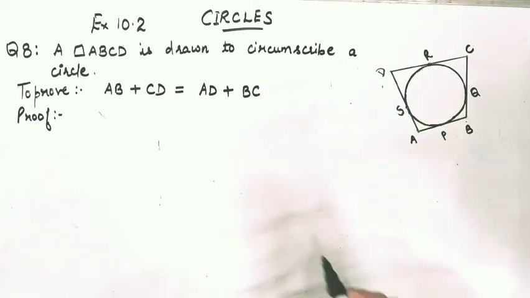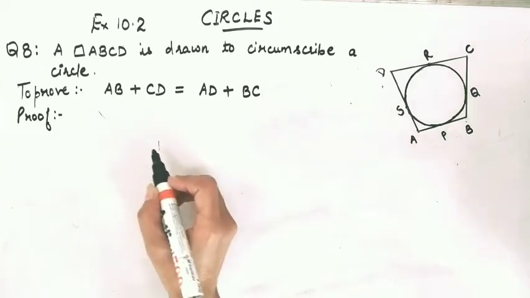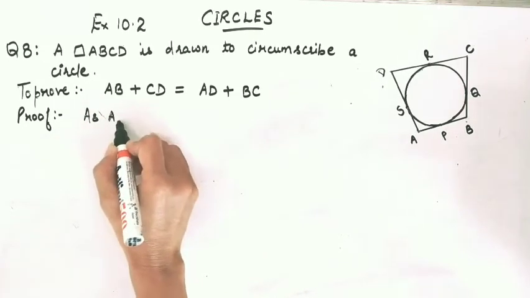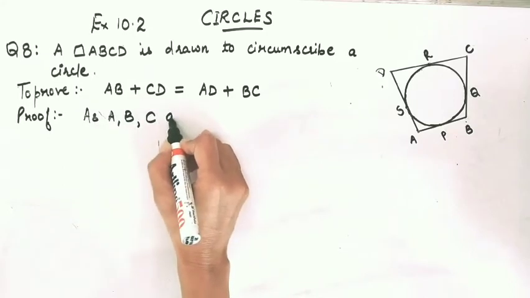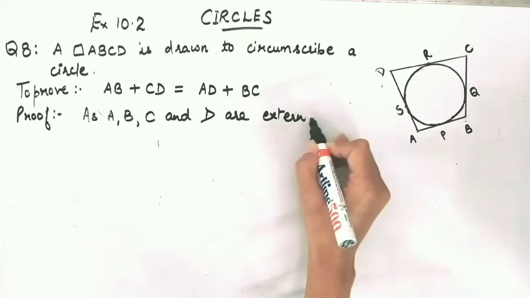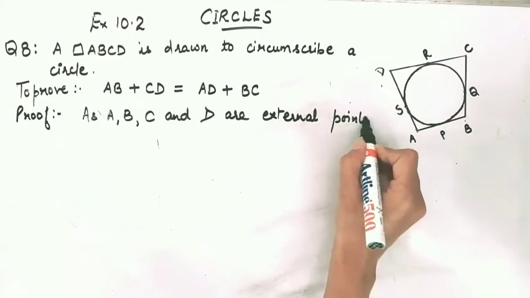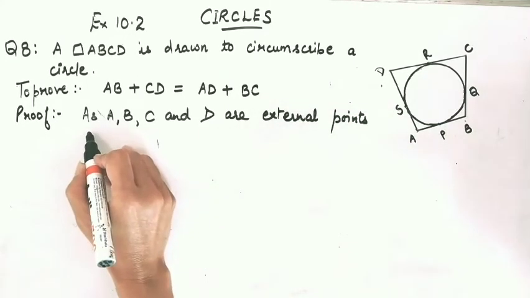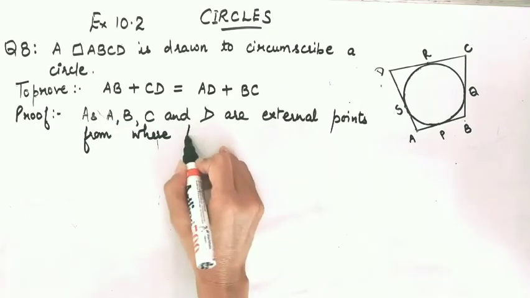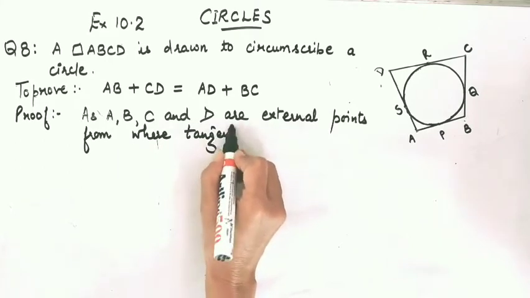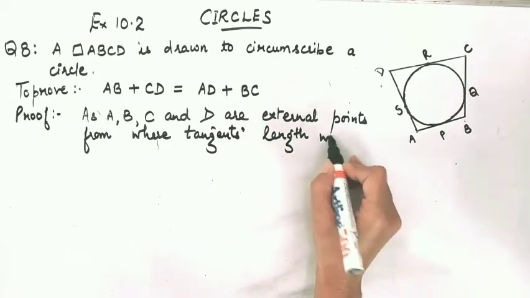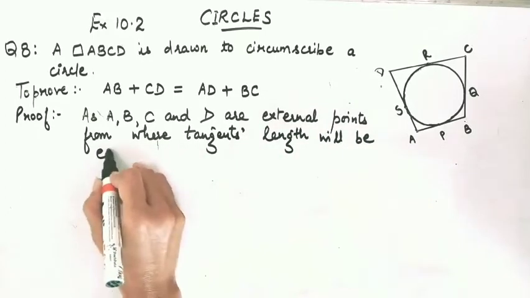Now let's quickly write it down. This is theorem 10.2, applying the concept of the theorem: as A, B, C and D are external points from where tangents are drawn, the lengths will be equal.